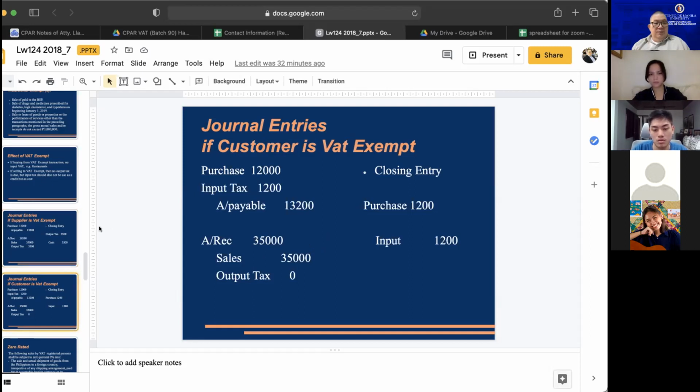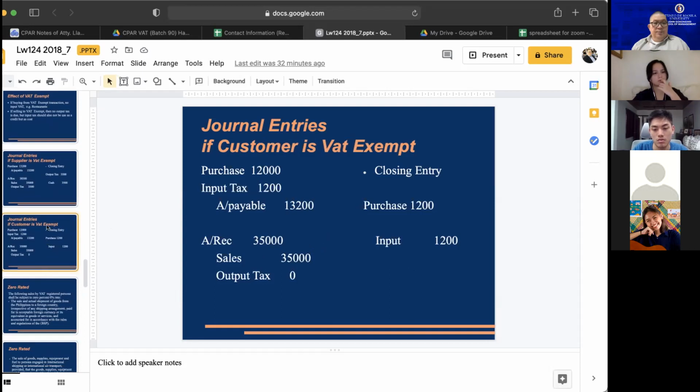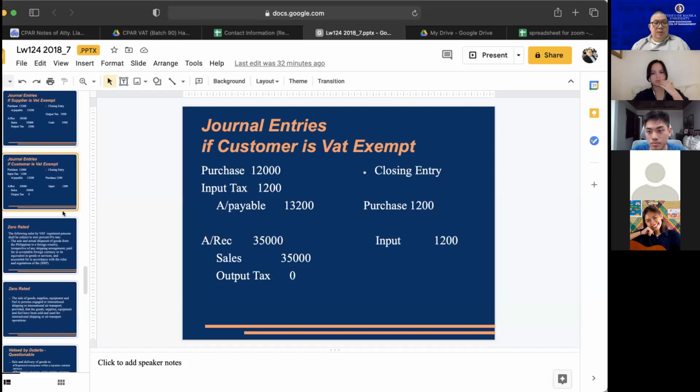If customer is the VAT exempt, ganyan naman siya, baliktad naman siya. You reverse the input tax now to purchase. Yung kanina ginawa natin, from 100 to 100,000, naging 112,000. Okay? Clear? Okay na tayo? Everyone understand, ha? Sure kayo, ha?